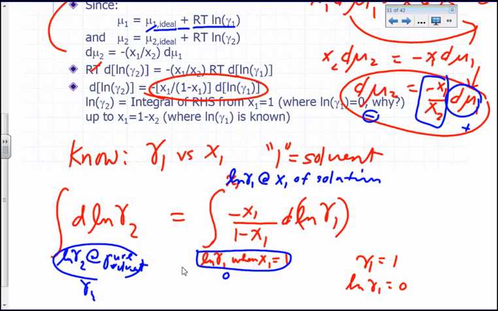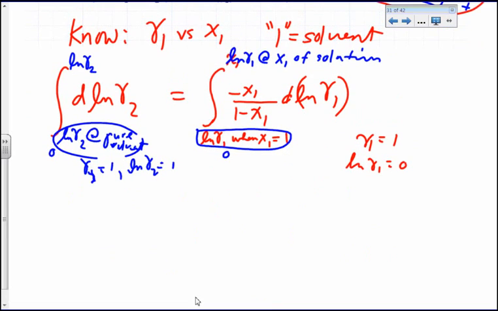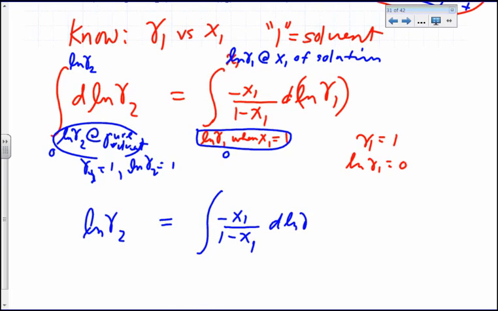Remember we said gamma is 1 if you're dealing with an ideal solution, so ln gamma 2 here would be 0, and the upper limit would be ln of gamma 2 for whatever solution you have. So this will give us ln of gamma 2 equal to the integral of negative x1 over 1 minus x1 d of ln gamma 1, from 0 to ln gamma 1.